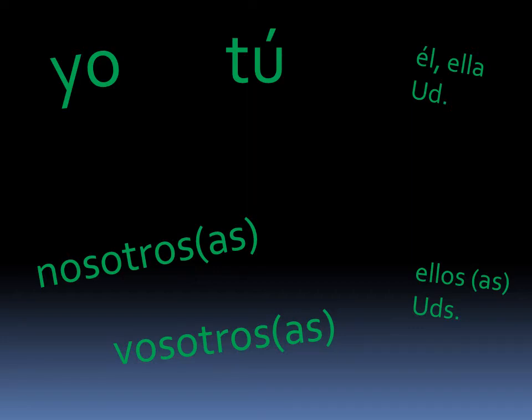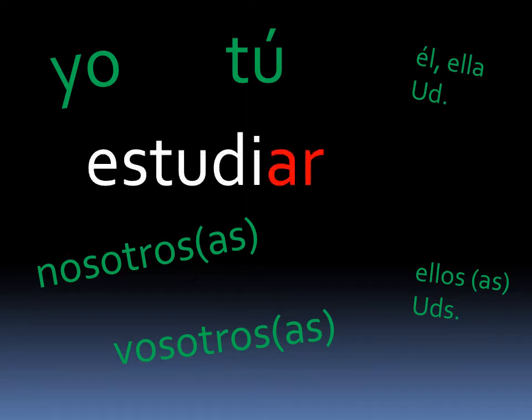We'll go back to our chart form in a minute, but first we need to recognize an infinitive like estudiar, to study, and when we conjugate it, we need to remove that infinitive ending in R. And when we're talking about I study, we add O to the end: yo estudio.